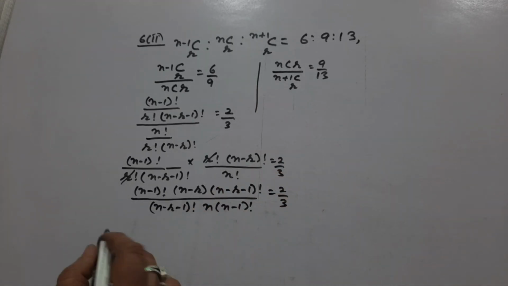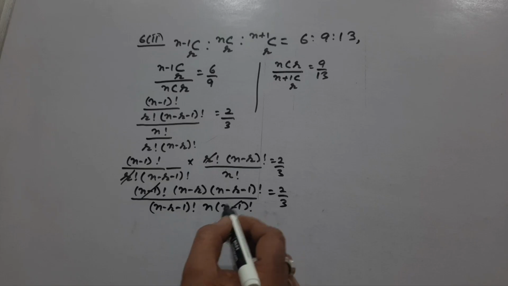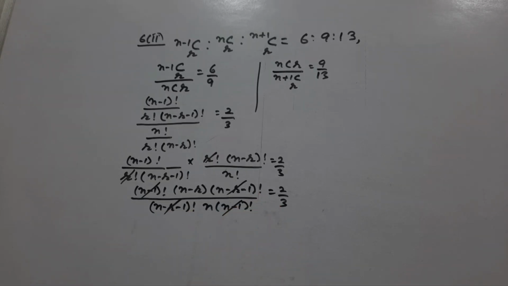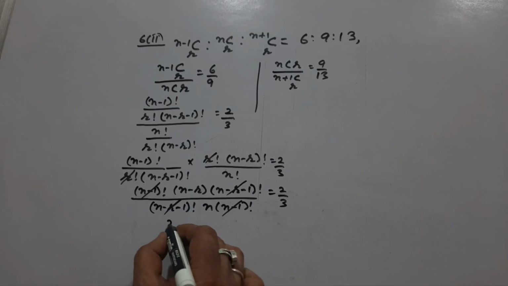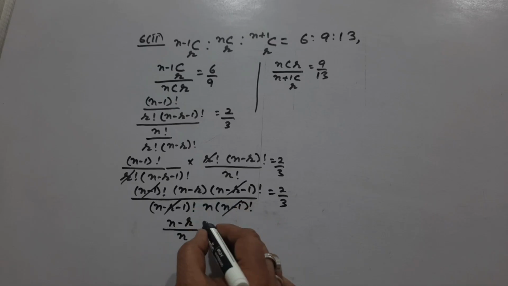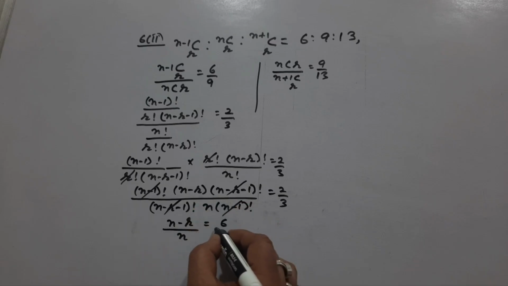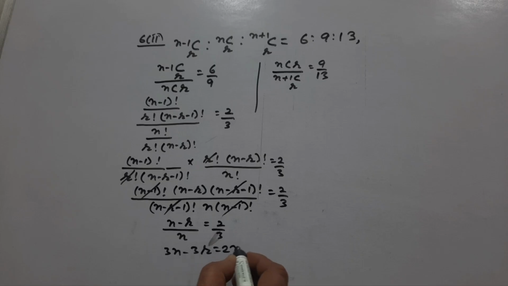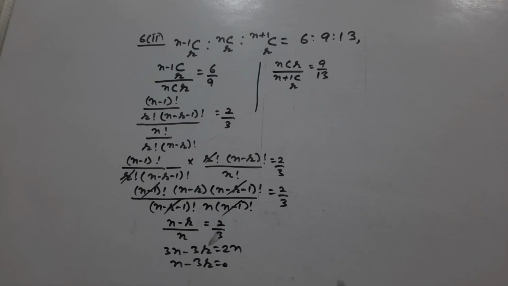Now cancel n minus 1 with n minus 1, and cancelling n minus r minus 1 with n minus r minus 1. So we get n minus r upon n equals 2 by 3, right? So on solving it, we get 3n minus 3r equals 2n, or n minus 3r equal to 0.